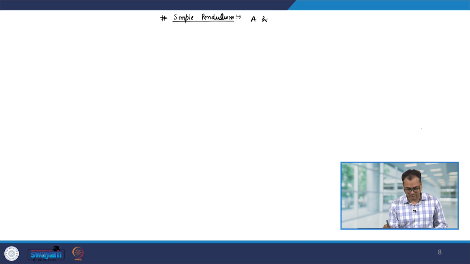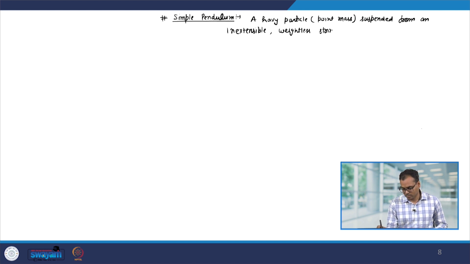So, you have a heavy particle or the point mass suspended from an inextensible weightless string whose one end is fixed.